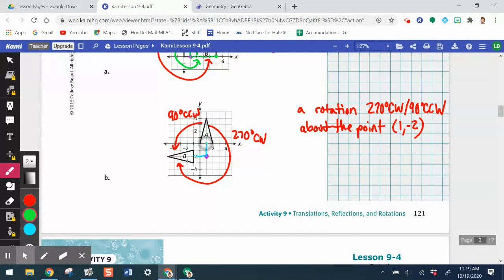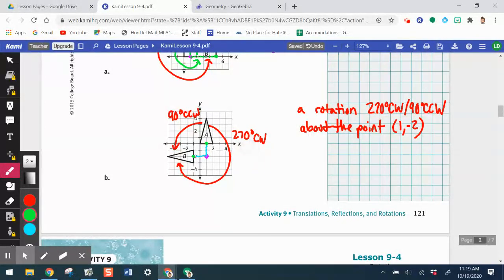So this point on triangle A corresponds to this point on triangle B. So I knew that the center of rotation had to be somewhere in this region so that those corresponding points would be equidistant from the center of rotation. So I figured out that it was, in fact, located at 1, -2.